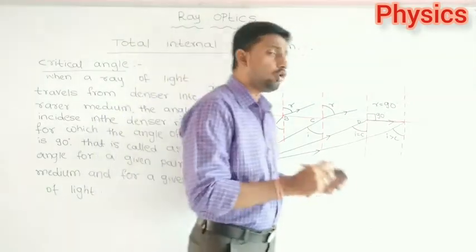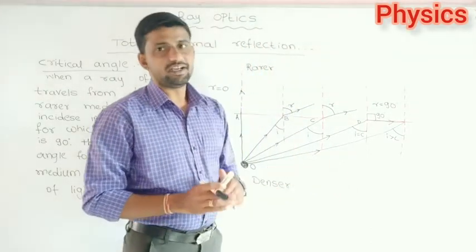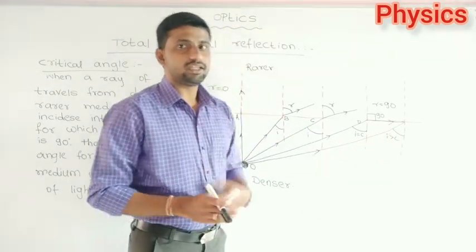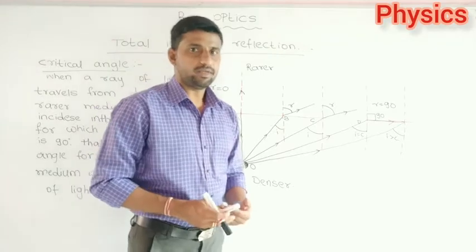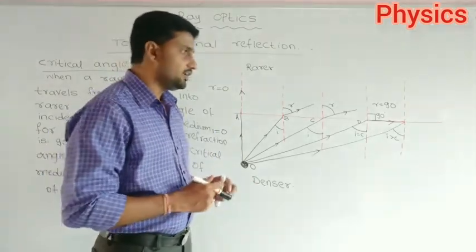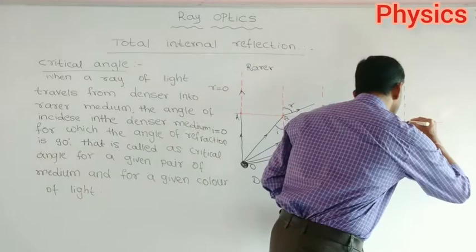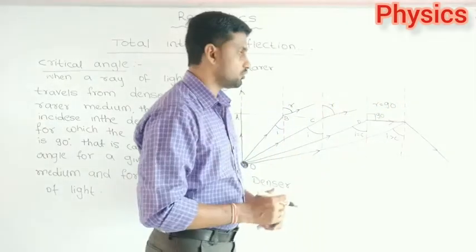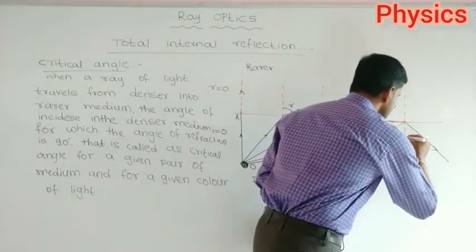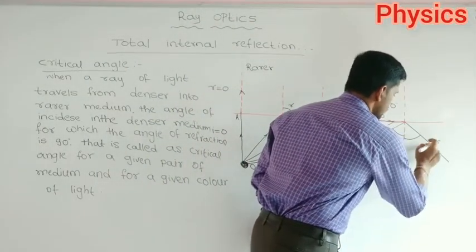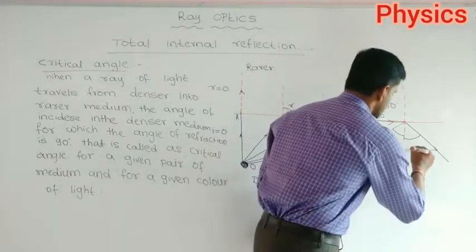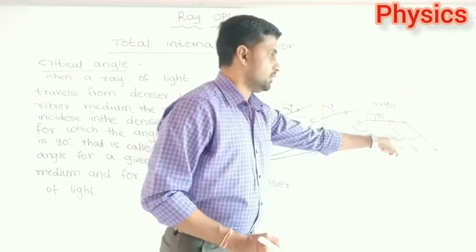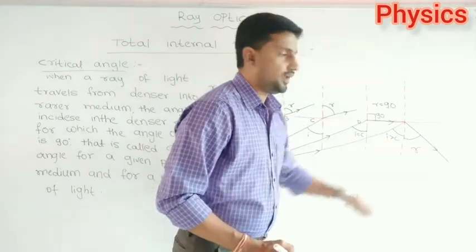Then there is no refraction of light. When the angle of incidence is greater than the critical angle, there is no refraction of light. Then the incident ray totally reflects back into the same medium like this. And the angle between the normal and the reflected ray, that one I am taking as R. This R is nothing but the angle between the normal and the reflected ray.